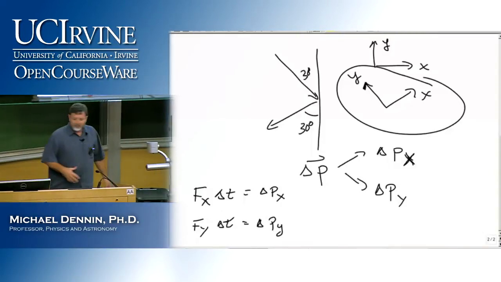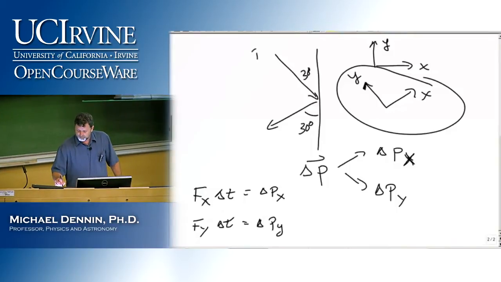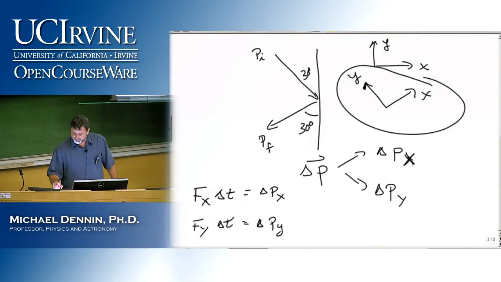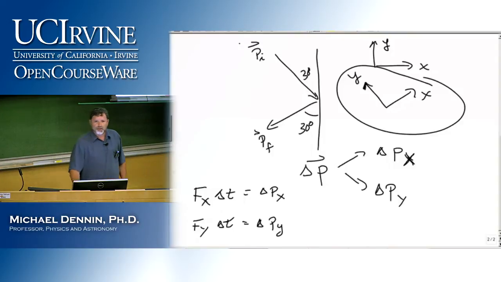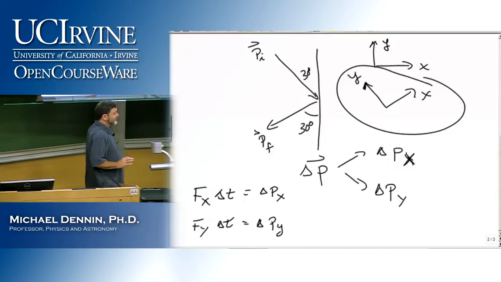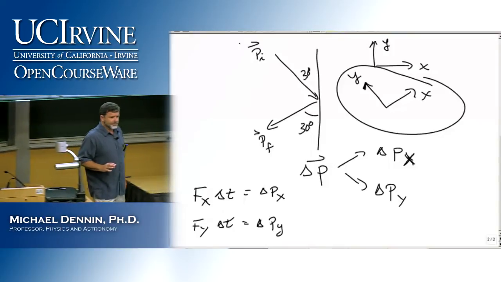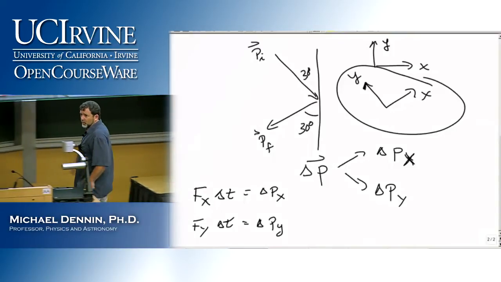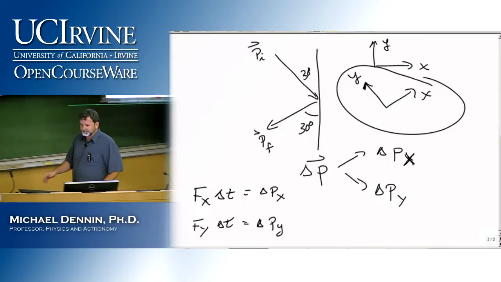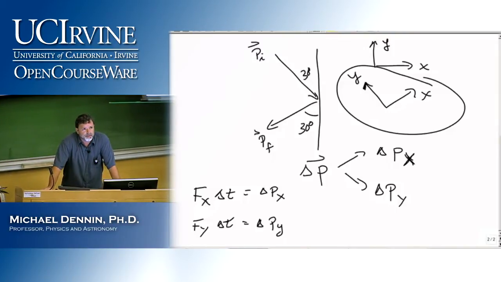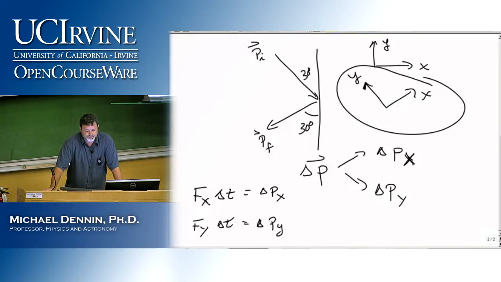What would delta Py be? And again, we'll call this P initial and this P final. And we're going to use that tilted coordinate system because 70% of us picked to use that. And just to make it clear, since that's 30 degrees, we'll tilt it that way, so that's 30 degrees.